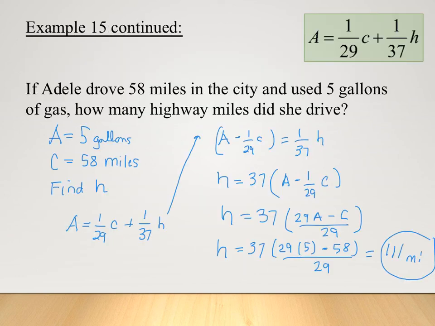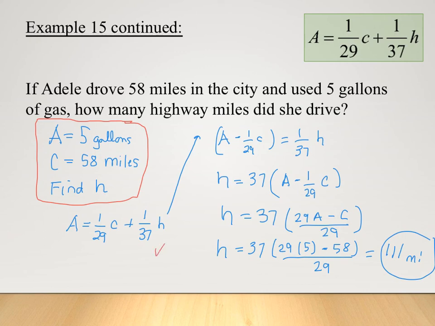So in solving the problem, if she drove 58 miles in the city and used 5 gallons, we now know this is what we're going to start out with, right? A is equal to 5 gallons, C is equal to 58 miles, and H is what we're trying to find. So here's our original equation.